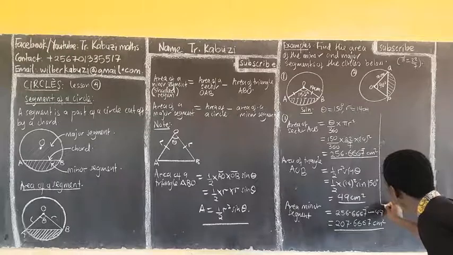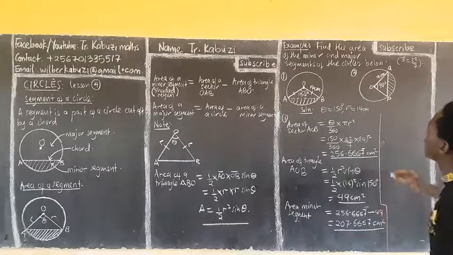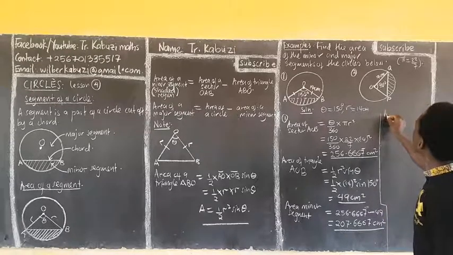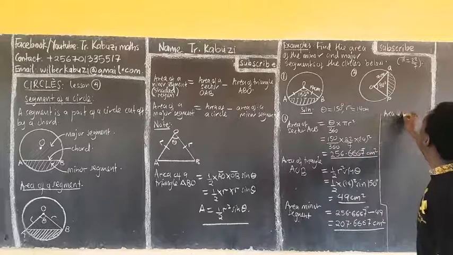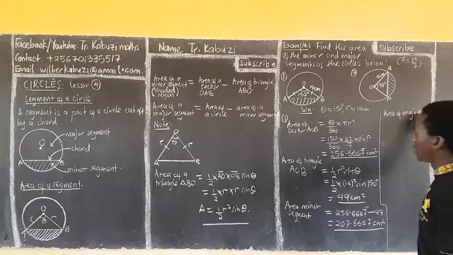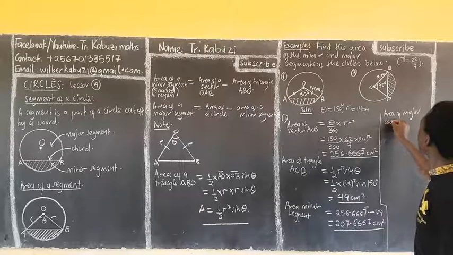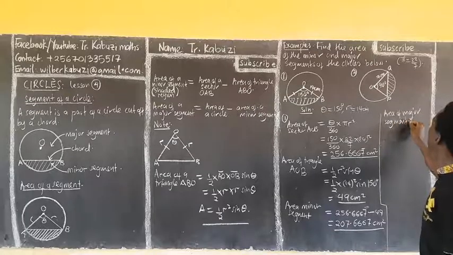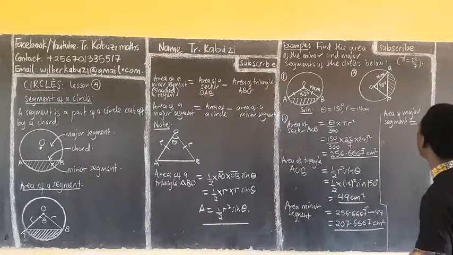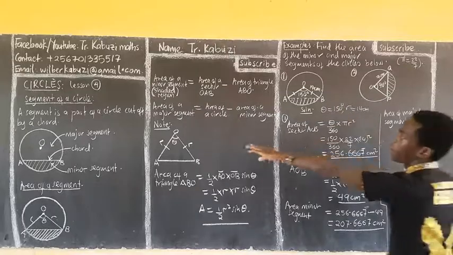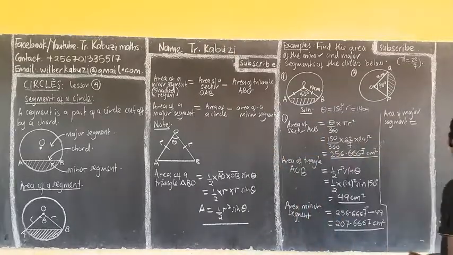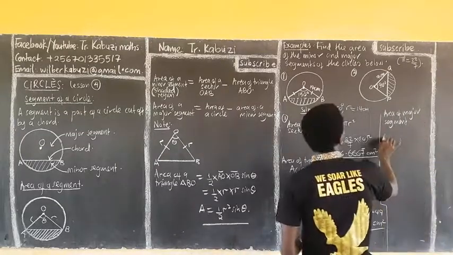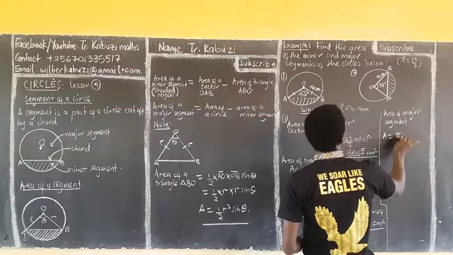Area of the major segment. Here we say we need the area of the circle, then minus the area of the minor segment. So we first get the area of the circle. The area of the circle is pi r squared.